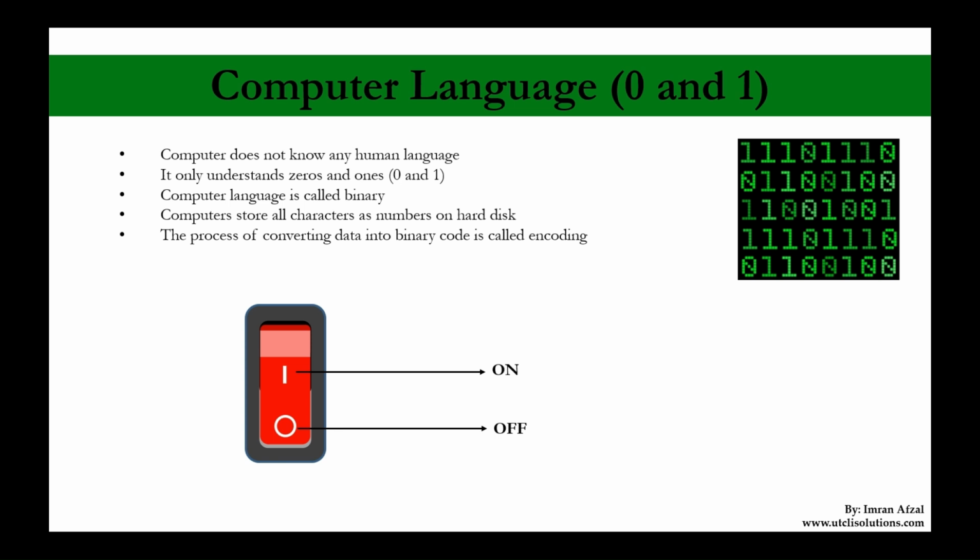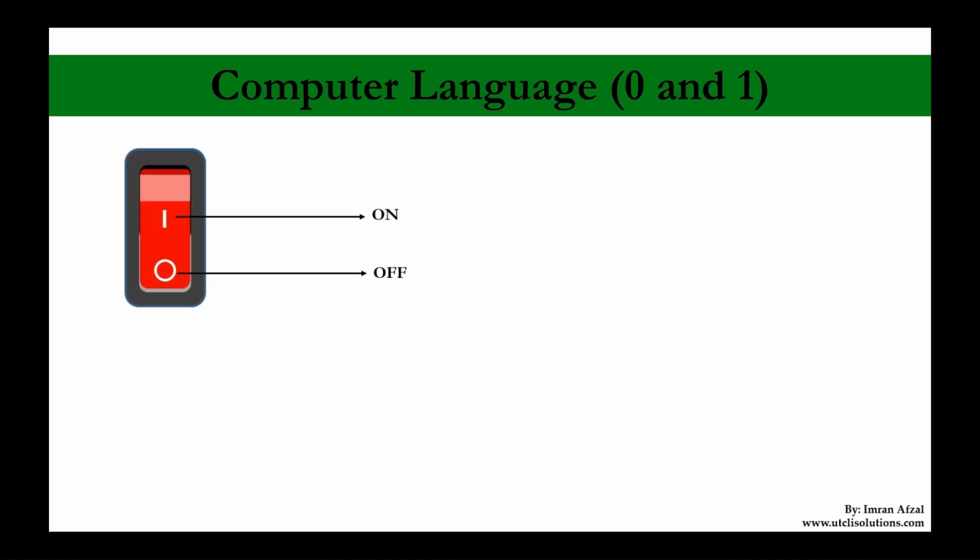So similarly, the computer sends, saves, or transfers the data through these zeros and ones. Now, moving on, let's look at an example of how it could translate a word into zeros and ones.